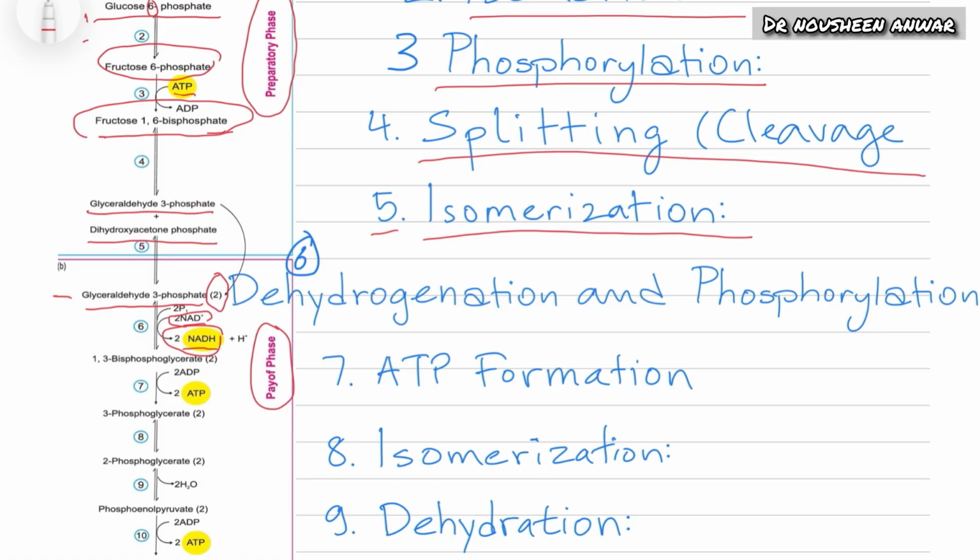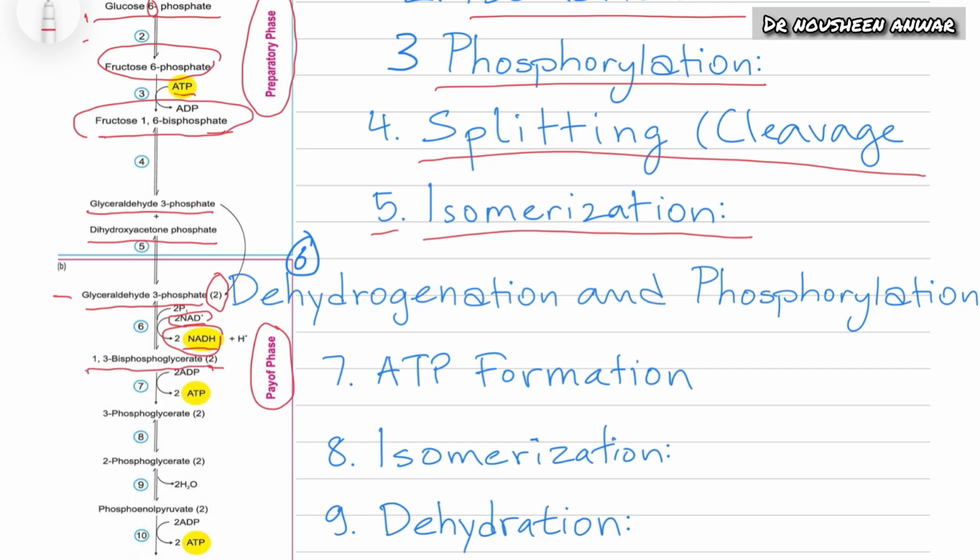There are two molecules of it, because this already has the 3-phosphoglycerate, and one phosphate is attached to carbon number 1. Since this molecule only has 3 carbons, it becomes 1,3-bisphosphoglycerate.